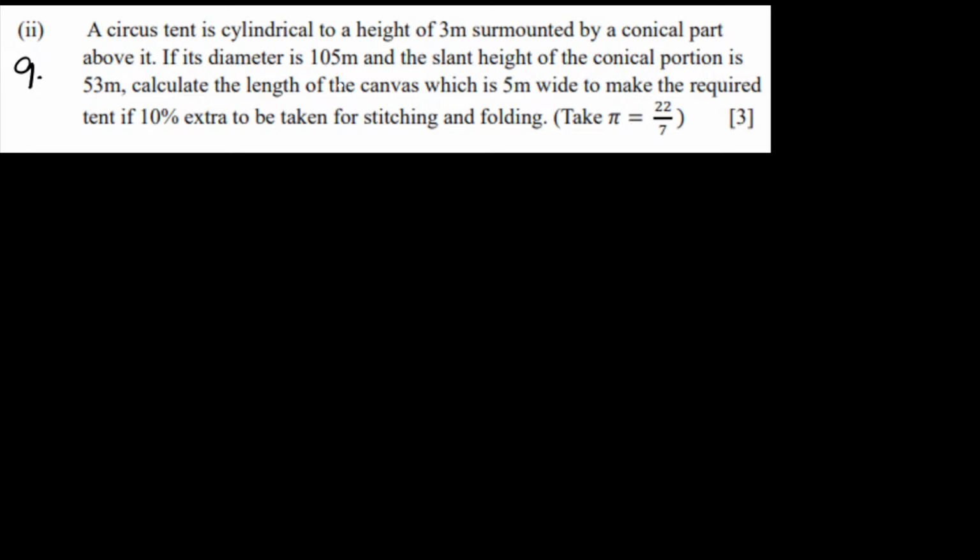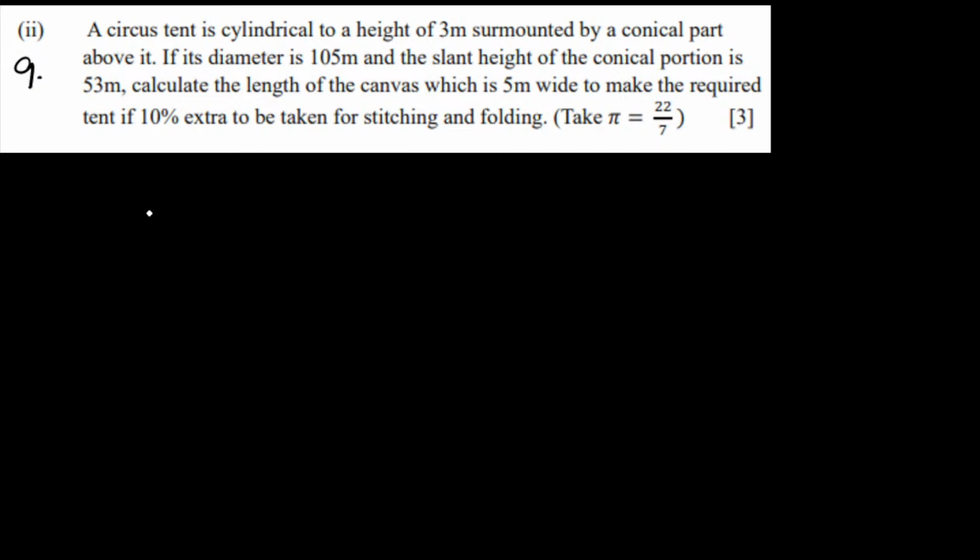If its diameter is 105 meter and slant height of the conical portion is 53, calculate the length of the canvas which is 5 meter wide to make the required tent if 10% extra is to be taken for stitching and folding. So how to do this question?